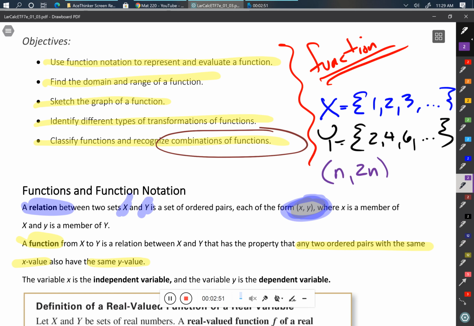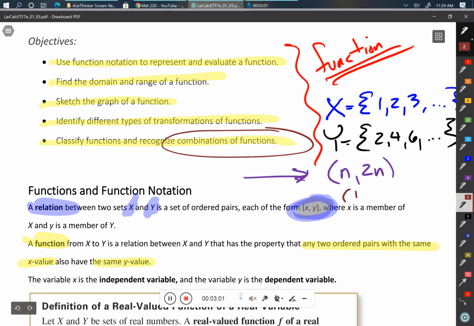And that would be a relation, more specifically, that would be a function that takes a member of X and pairs it up with a member of Y. And what does that notation mean? Well, it means that the number 1 gets paired up with the number 2. And the number 2 gets paired up with the number 4. And the number 3 gets paired up with the number 6, and so on and so forth.